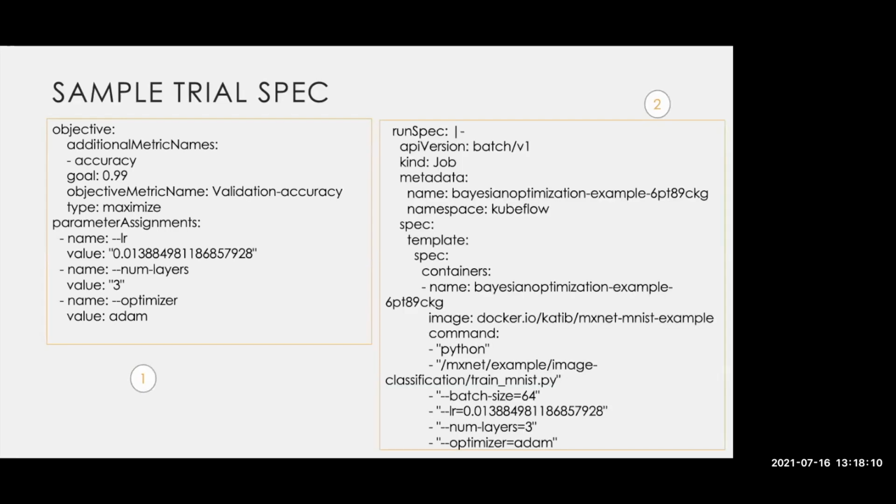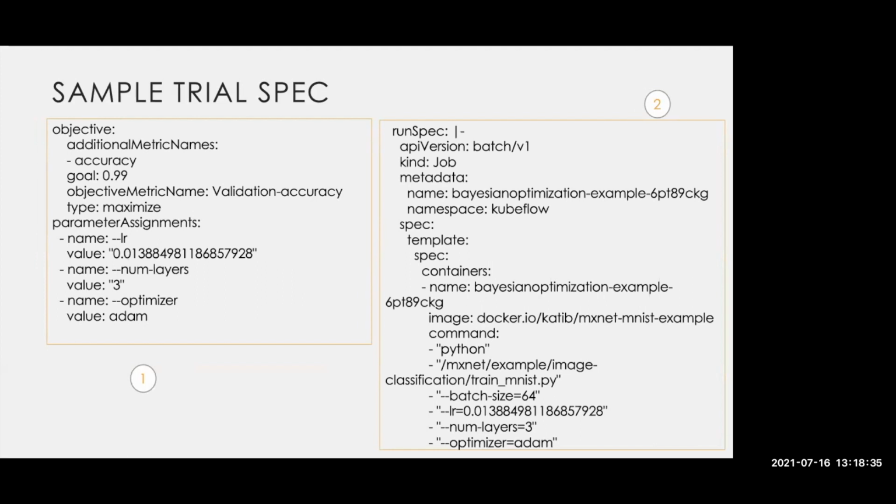So once you get a suggestion status, trials are created. For each suggestion, a trial is created. Say here, I'll take one example of a set of parameter assignments, and I'll create a trial spec. And on the right, you can see that earlier in the experiment spec, you have just given a template value, right?